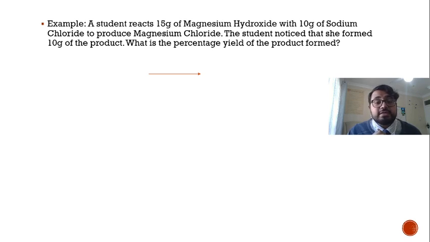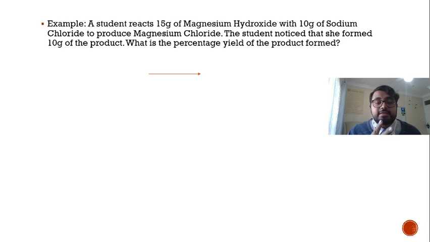Now, as we can see, we have magnesium hydroxide and sodium chloride, and we have magnesium chloride. And the first thing you'd notice is that one, we need to know the chemical formulae for these reagents and products.